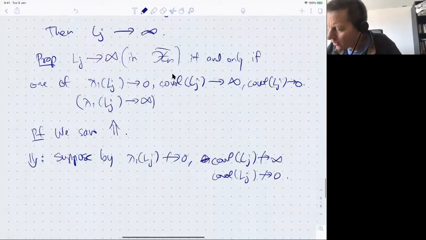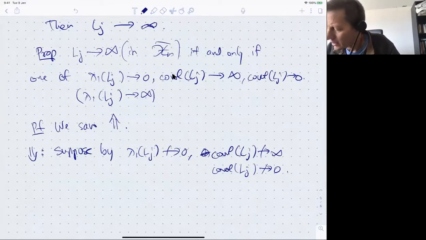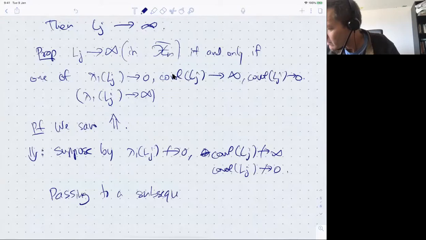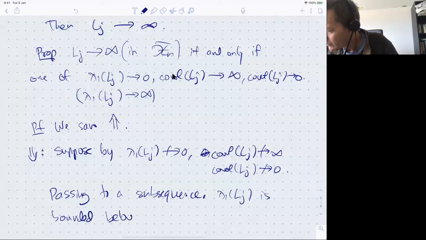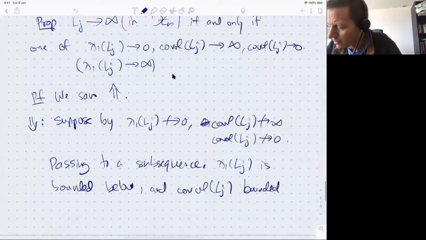So passing to a subsequence, I can assume that lambda 1 of Lj is bounded below, and the covolume of Lj is bounded above and below.